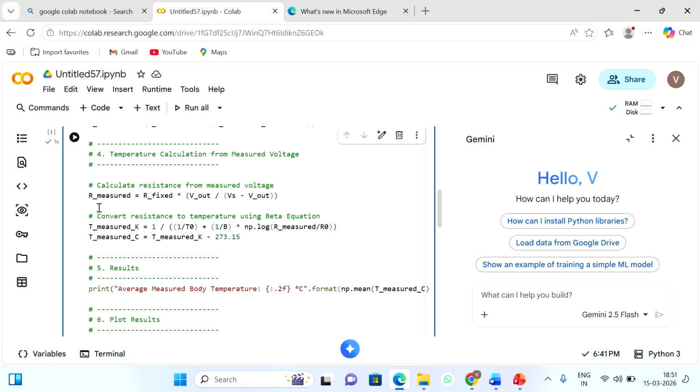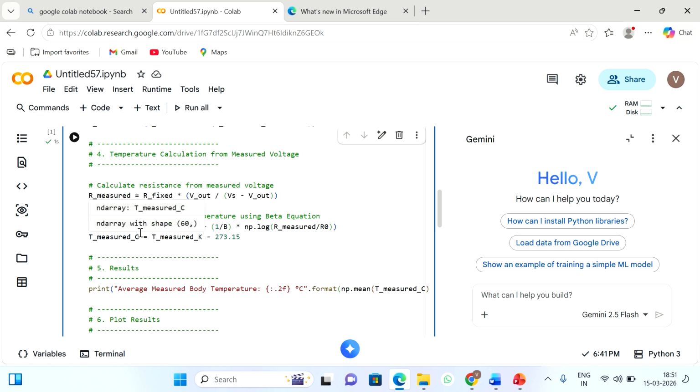So this rearranges the voltage divider formula to calculate the resistance. Step 2, it converts resistance back to temperature. Then T_measured is the temperature in Kelvin.